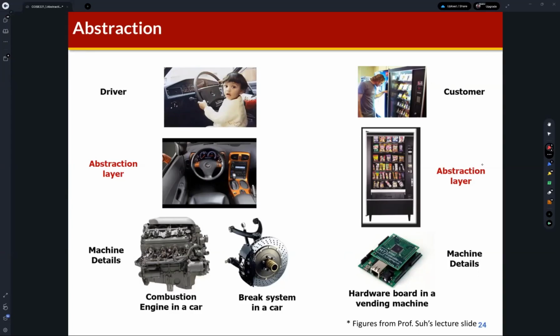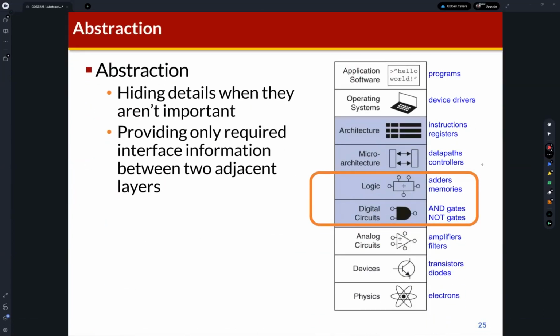Even if we want to use a complex system, we don't need to understand everything. This is called abstraction.